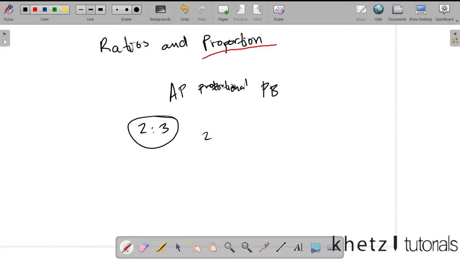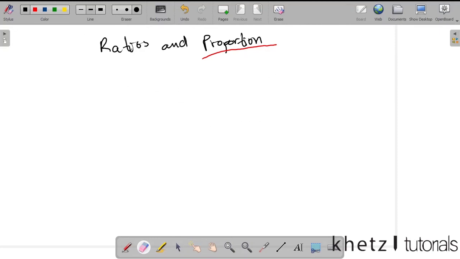You can also write 2/3 as something like that. So a ratio is a numerical representation of a relationship, and proportion just explains that some values are related in a way. Both describe relationships between two quantities.